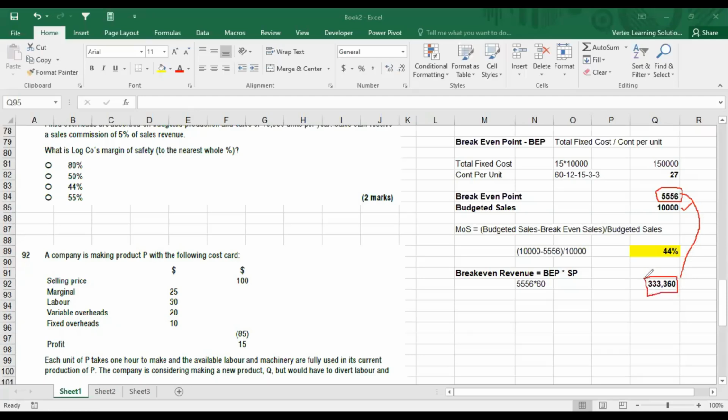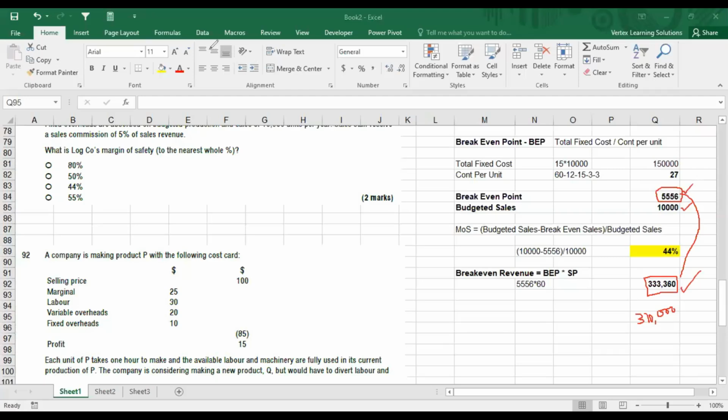This is called my break even revenue. If my sales team comes and tells me that they are going to make sales of $310,000, it means that we will be making a loss. So my target is that minimum I should be making $333,000 in sales, or I should be selling 5,556 units in order to break even.